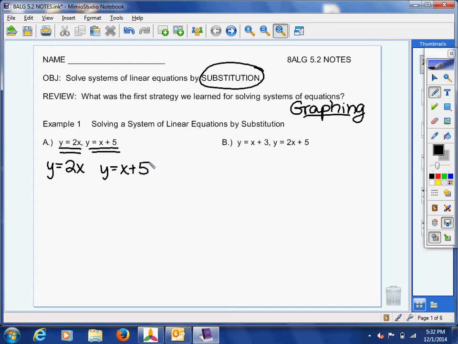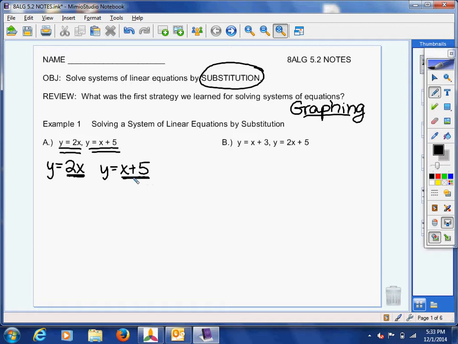Okay? Now the cool thing about substitution, and this is one scenario I would definitely use substitution hands down every time. Do you see how y has this name? Y has the name 2x. Y is also known by the name x plus 5. So the point I'm trying to make here is I want us to use our logic.